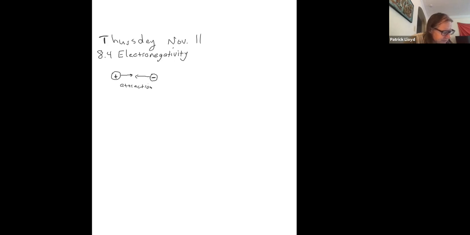Now we can also study particles that have the same sign. These particles will undergo repulsion. So there are two cases here: you can have two negatives or two positives, and this is what we would call repulsion.